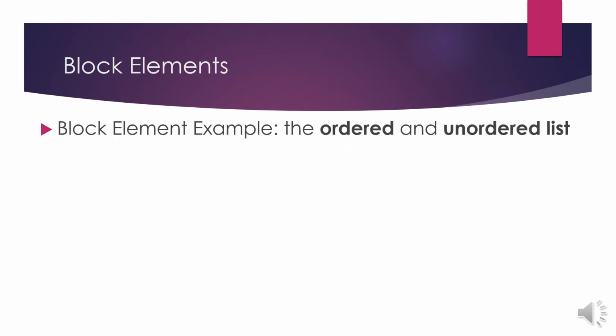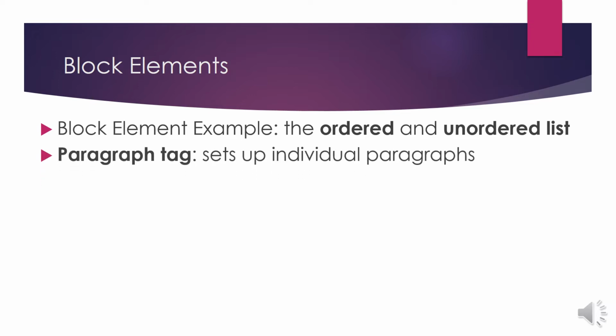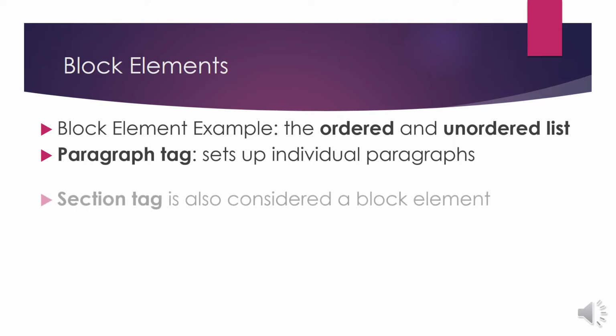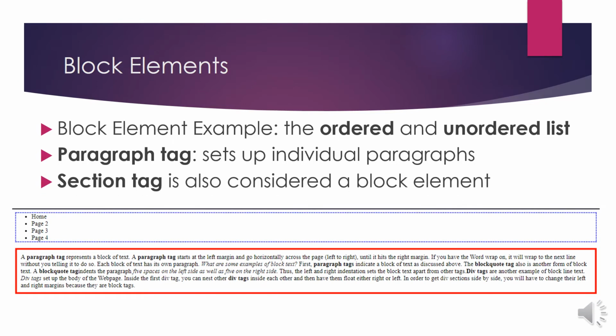The ordered and unordered list is also an example of a block element. Paragraphs we know we use to set up individual paragraphs, and the section tag is also considered a block element. If you look at the image examples, the unordered list, which has the home, page 2, page 3, page 4, is set up, but notice that the border runs from left margin to right margin.